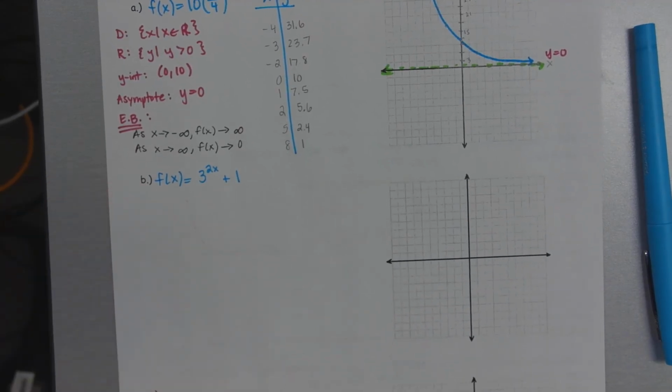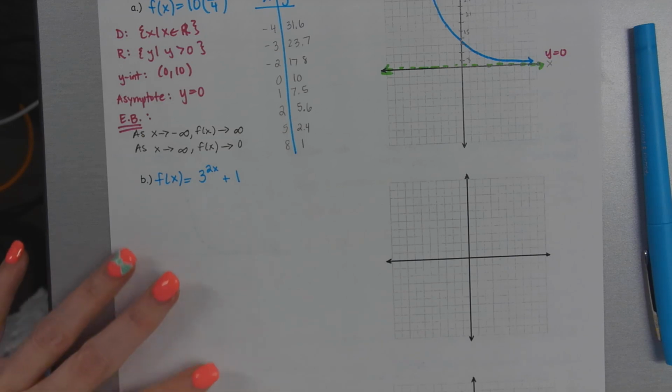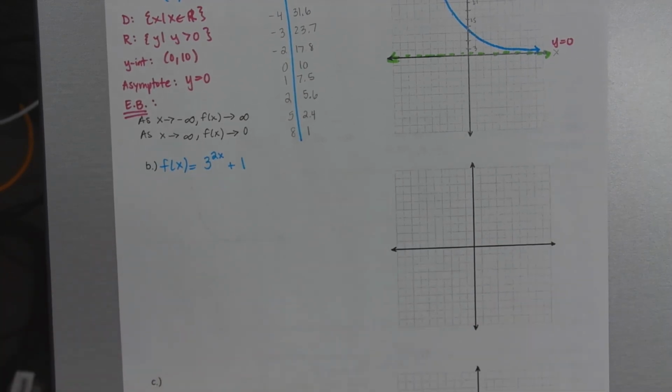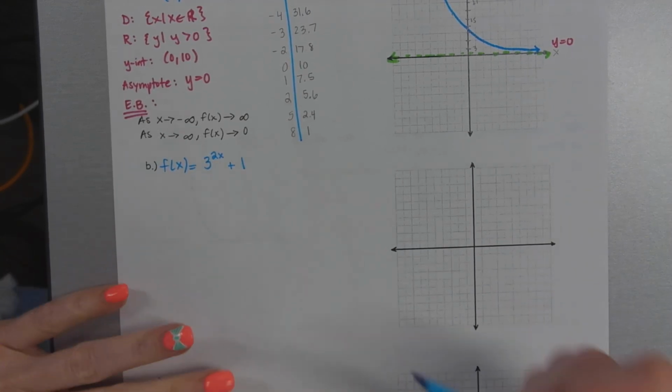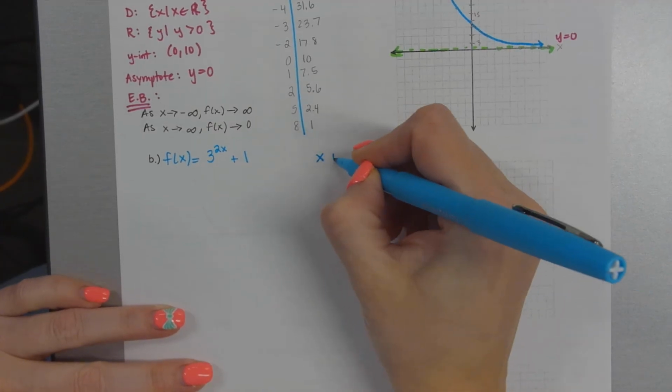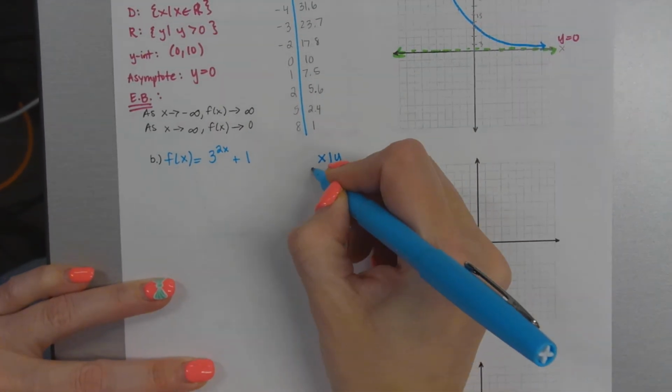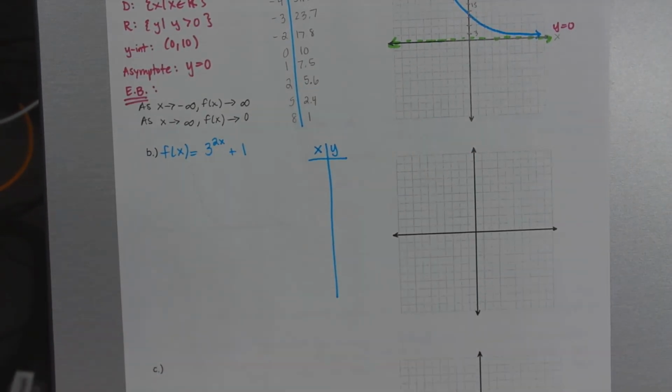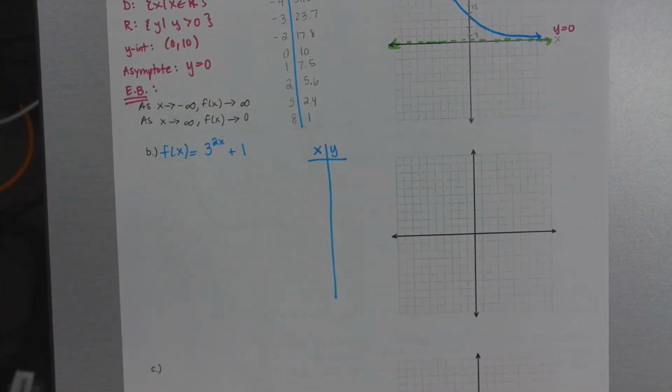And then for part B, again, you can go ahead and plug that into your calculator. And what I think would be helpful for you to practice is looking at the table and you start coming up with what points you want to include. So you have to have at least 5.